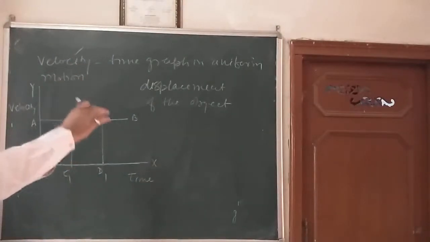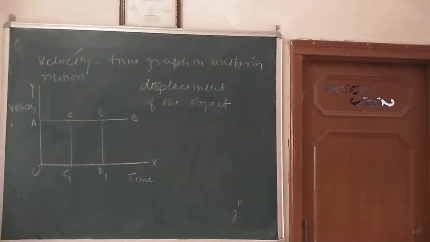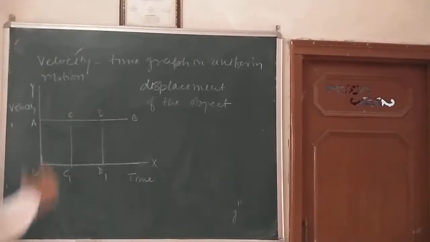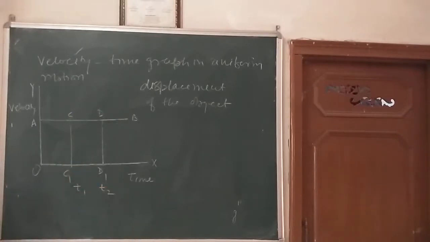In a given time interval, C and D are the 2 points in this velocity time graph corresponding to the instants of time T1 and T2.